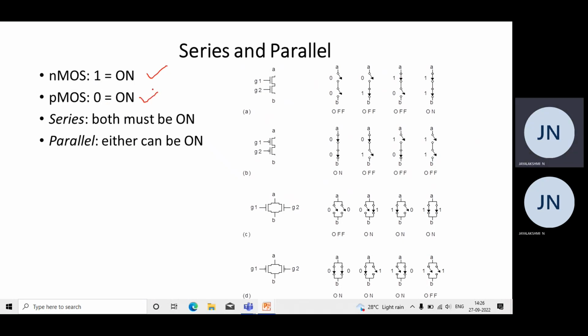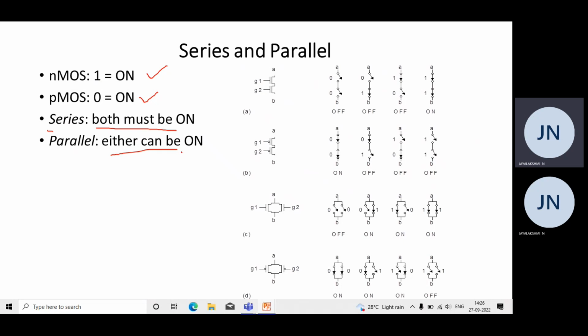So remember, NMOS is on only when its input is 1 and PMOS transistor is on only when its input is 0. And one more condition: series means both must be on, and parallel means either can be on. So let us discuss the series and parallel connection for NMOS as well as PMOS transistors.